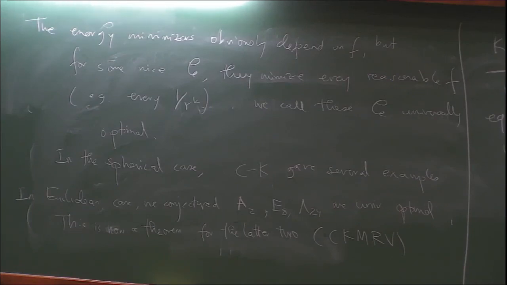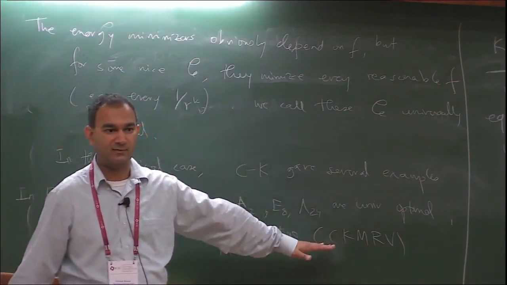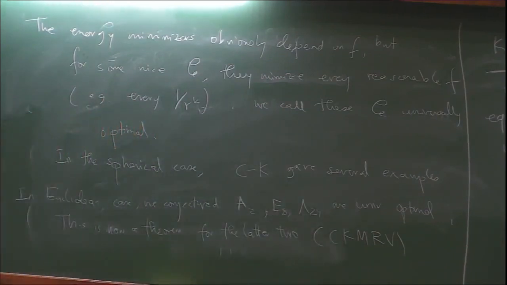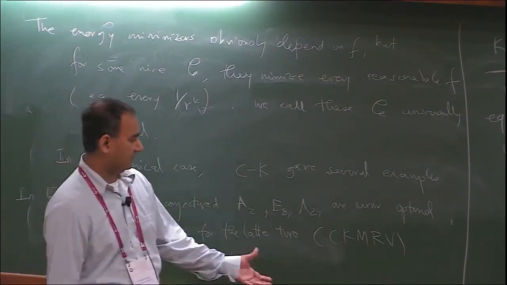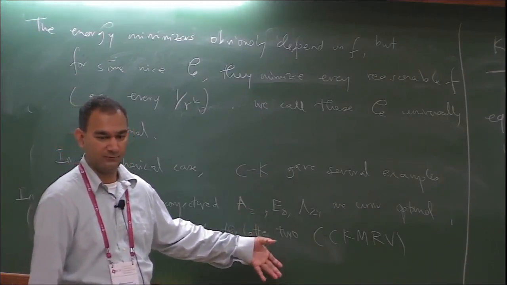So I'll give a lecture on energy minimization, where we'll include some of the techniques and talk about linear programming bounds. There'll be a lecture on modular forms, and so on. We won't give the full proof of this result because it's like 100 pages, but I'll outline the main ideas of how we get to that. It involves some very nice ideas from both linear programming bounds and from modular forms.